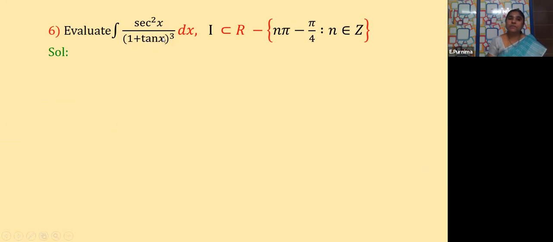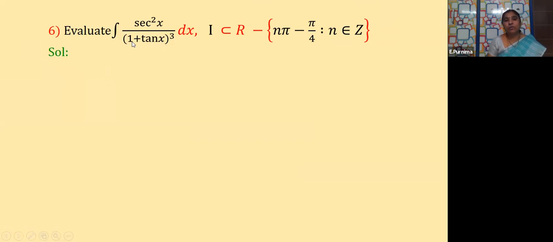So that means by taking this tan x as t, this numerator secant square x dx will be our dt. Clear? So now here what is our term, children, which is to be considered as t? It is tan x. But here, instead of taking only tan x as t, I am taking 1 plus tan x as t.